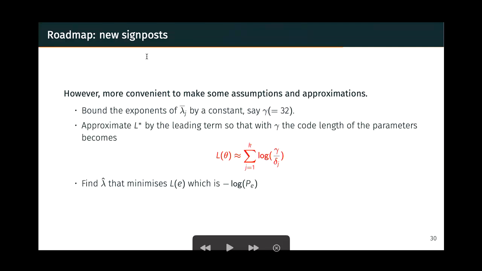All the m's are the same size because everything is double precision floating point numbers, or 32 bits, or whatever. It's one of those numbers we get to choose because the term doesn't change from model to model, so it doesn't matter. And the L hat that minimizes the error is going to be, as I said, just the negative log of the likelihood of the data.